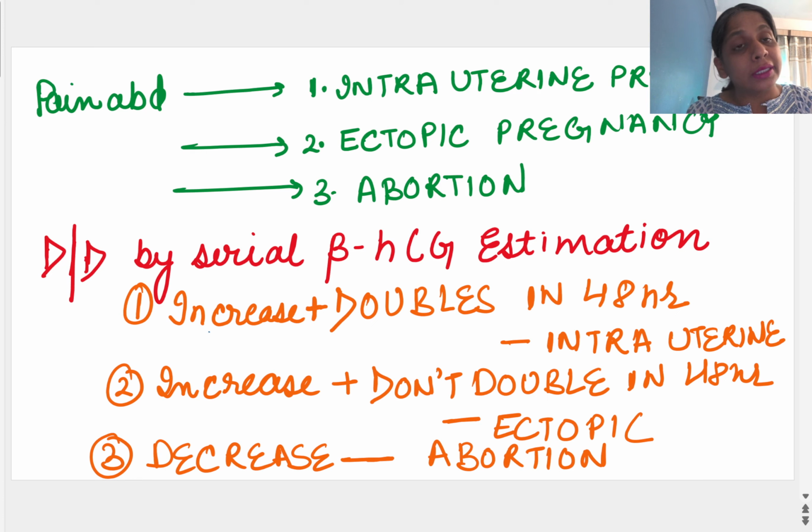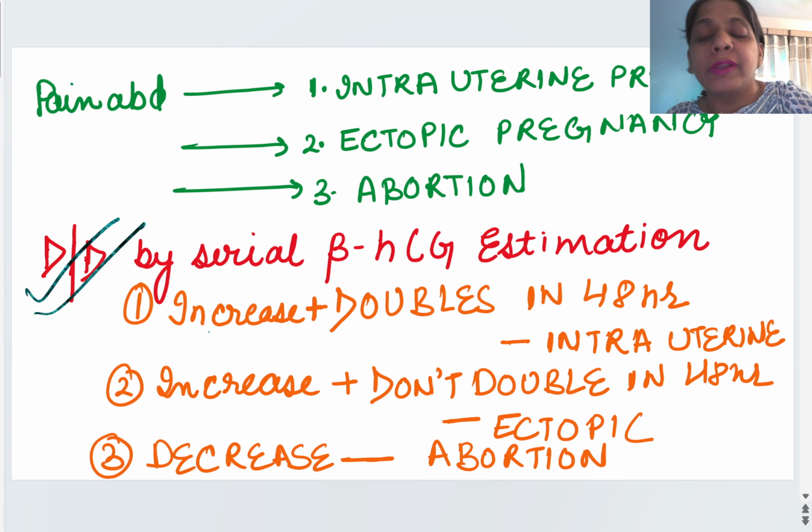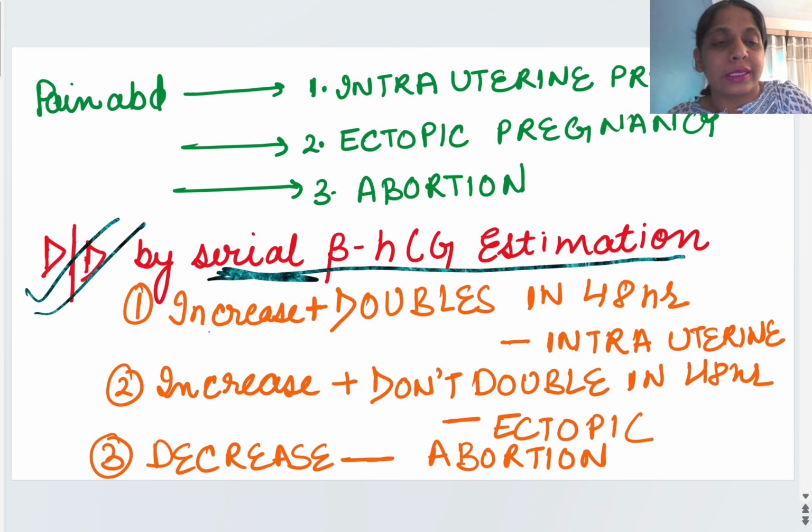The third condition is abortion. If the second beta hCG value decreases, it means beta hCG production is decreasing, the pregnancy is failing, and it is a case of abortion. So when a patient comes with such a clinical scenario, the next step is differential diagnosis by serial beta hCG estimation.